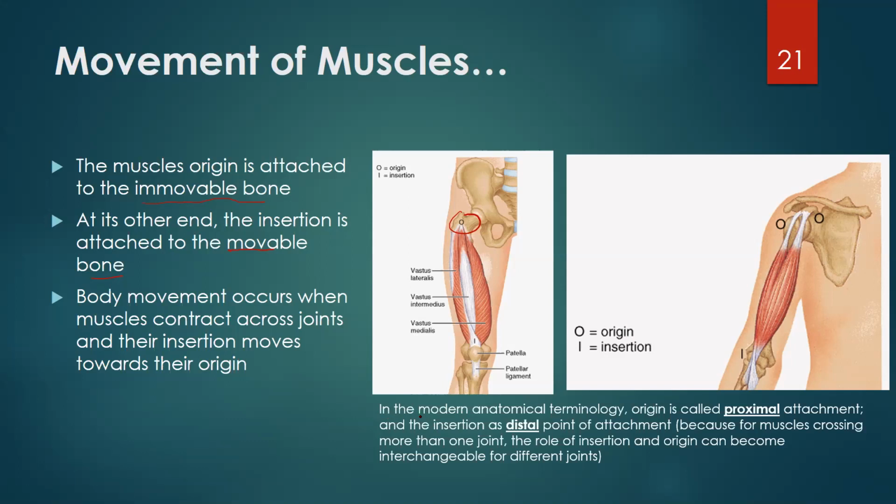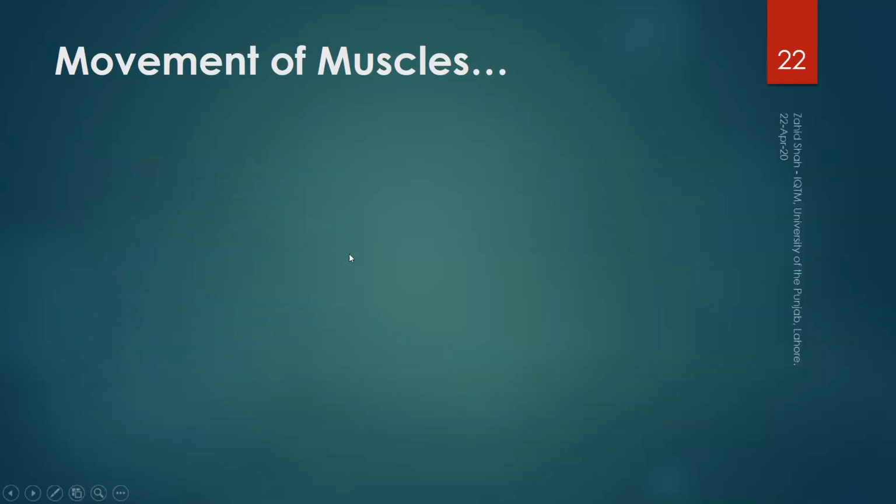In modern anatomical terminology, origin is called proximal attachment and insertion is called distal point of attachment. So this is not new for you. The origin is the upper or proximal end of this muscle, and the insertion is the distal end of the muscle. Proximal and distal, upper end and lower end. This is what we saw in the discussion on bones as well.